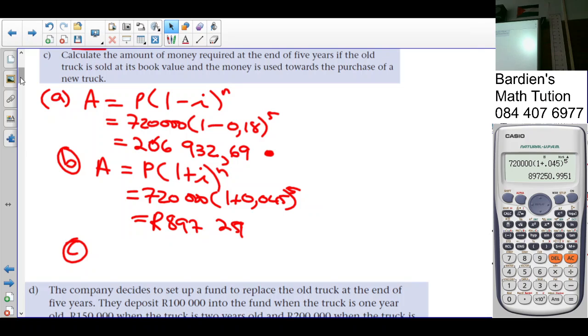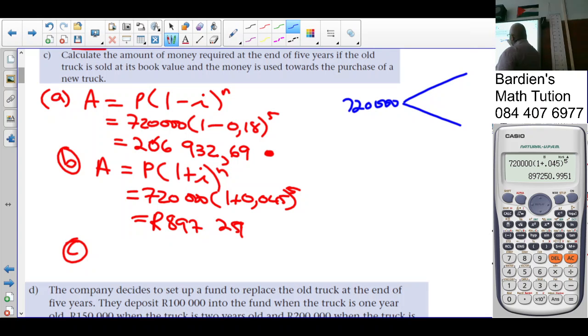So you guys understand what we are doing here? Alright. What I'm saying is, if the company had bought a truck, the truck was 720,000. In 5 years' time, that same truck will be worth 897,251.